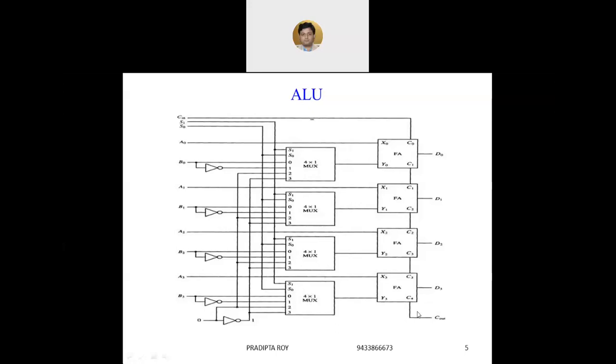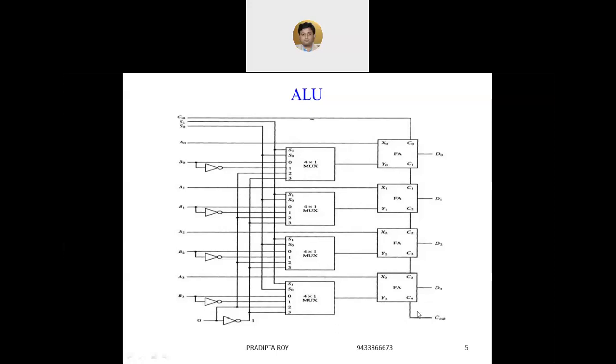If Cin is equal to 0, that means we are just going to add A plus B complement. So we can find the result of subtraction with this, and this is commonly known as subtraction with the help of one's complement.